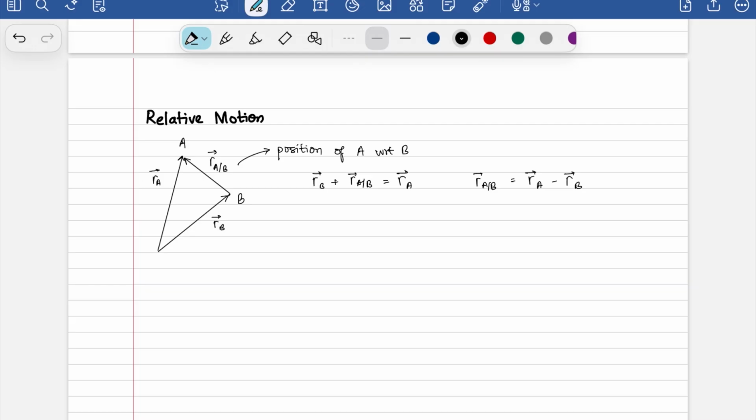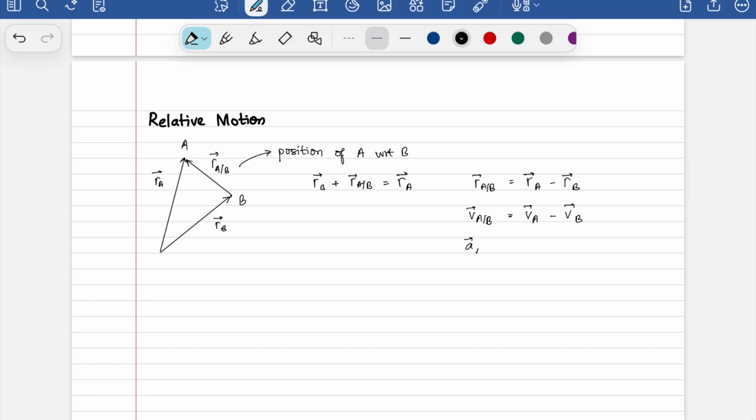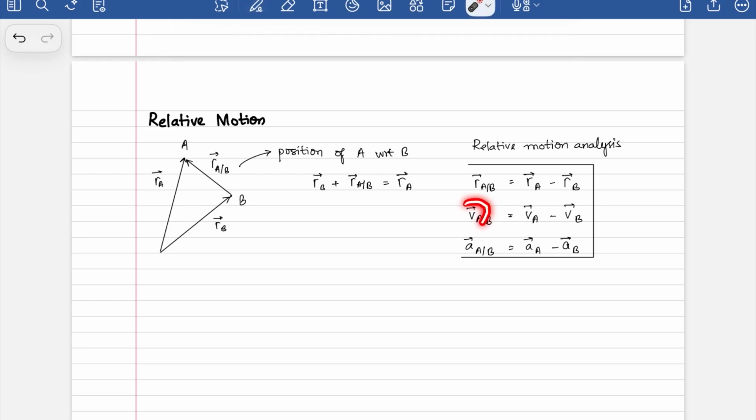Okay. If I were to differentiate this, then I will then obtain that the velocity of A with respect to B is the velocity of A minus the velocity of B. And if I were to differentiate that again, I get the acceleration of A with respect to B is equal to the acceleration of A minus the acceleration of B. With just these relations, we can do relative motion analysis, which then allows us to account for how would velocity of something be with respect to something else, or the acceleration be with respect to something else.